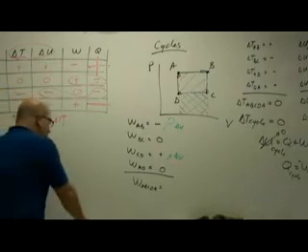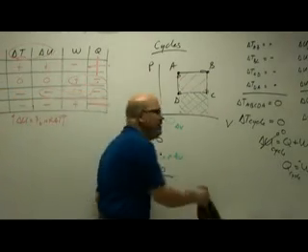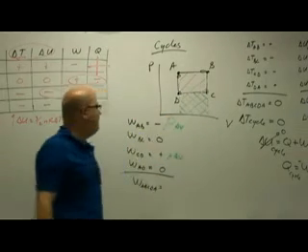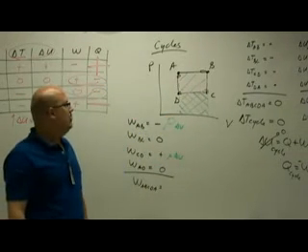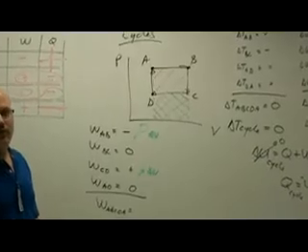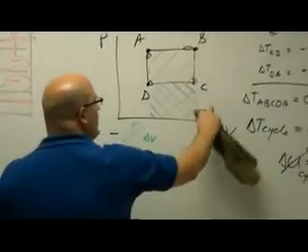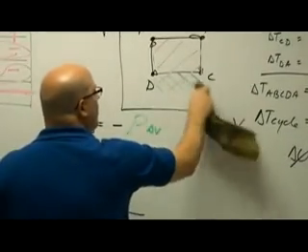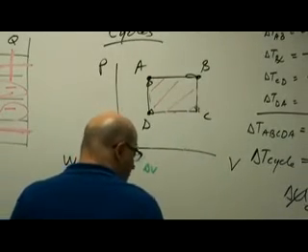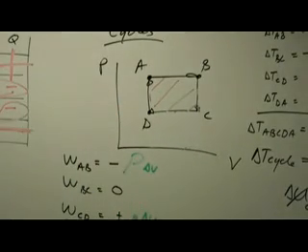Now, for those of you that are visual learners or have had a little calculus, this red is a negative area. This green is a positive area. When I add the two areas together, you get the area inside the cycle only.